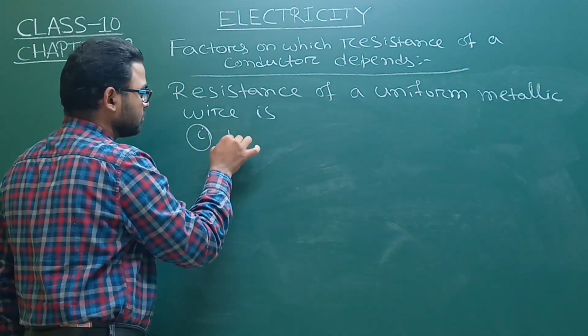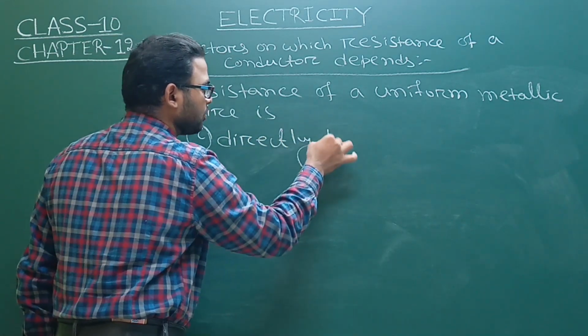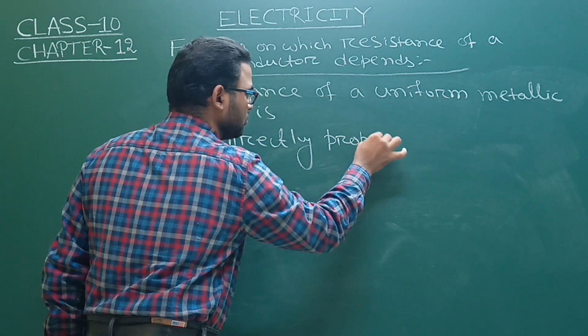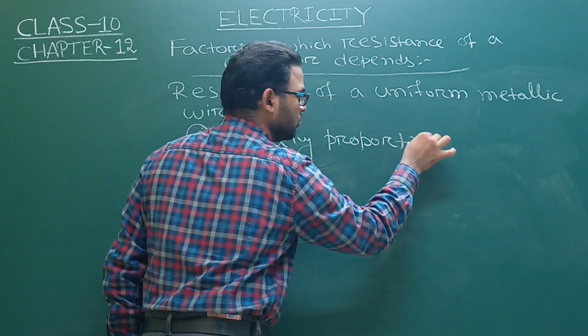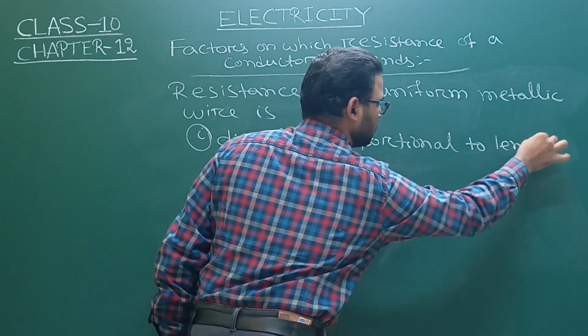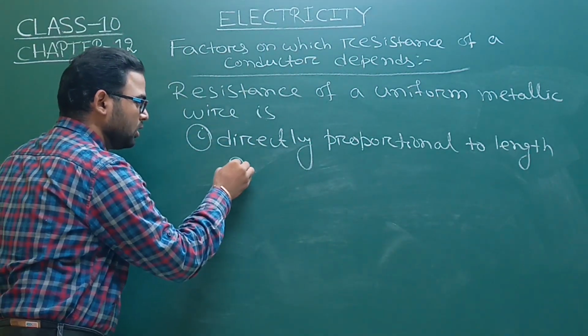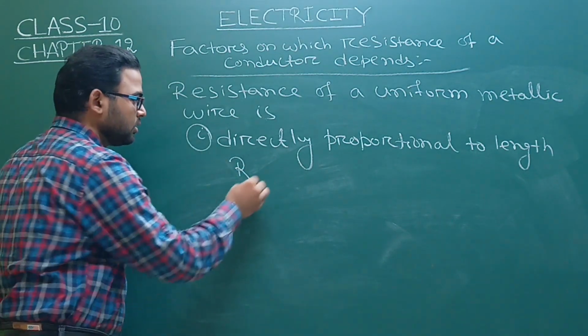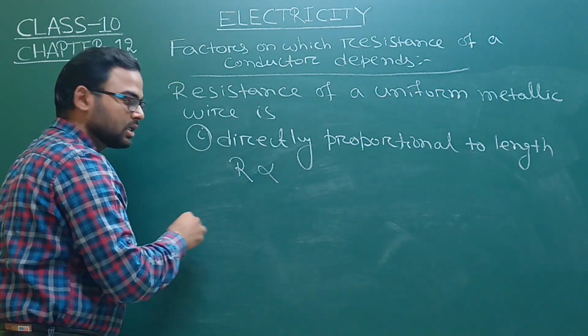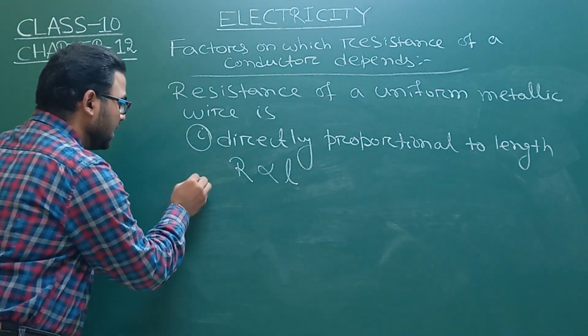So, directly proportional to length. Okay, so if resistance is R, then it is directly proportional to the length of the wire, that is L.